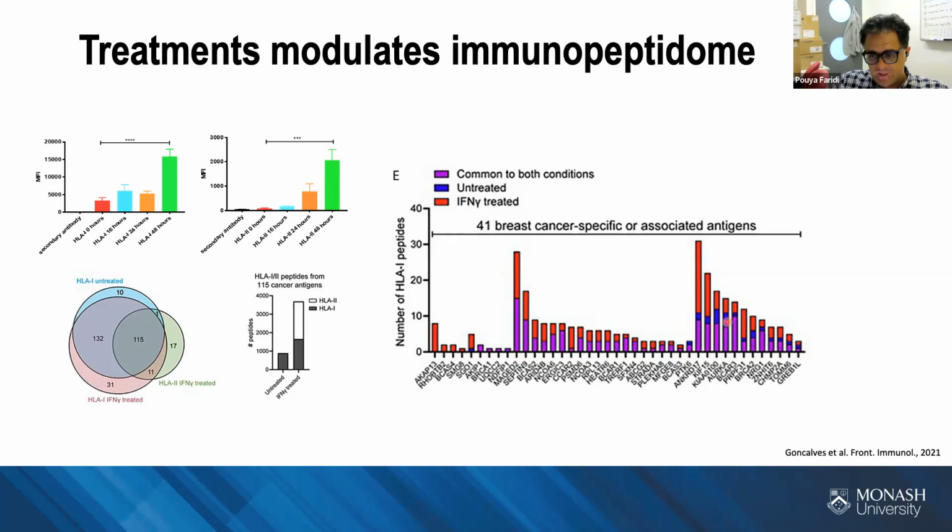There are a few peptides present only in the untreated condition, but there are lots of peptides present only after interferon gamma treatment, what we see in red. So it means this kind of treatment increases the number of targets that we can use for cancer immunotherapy.